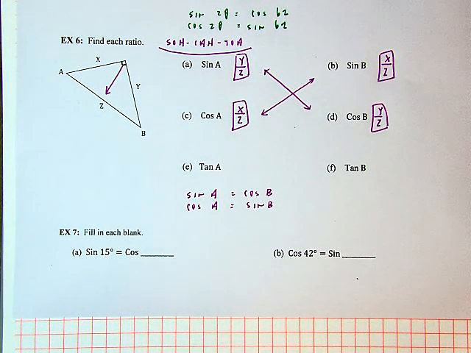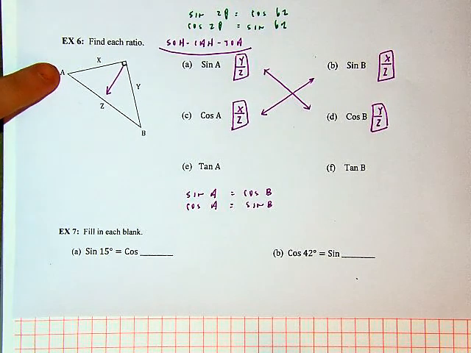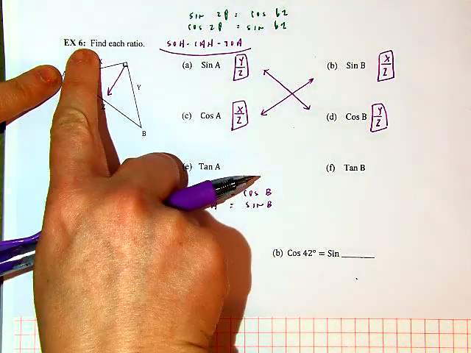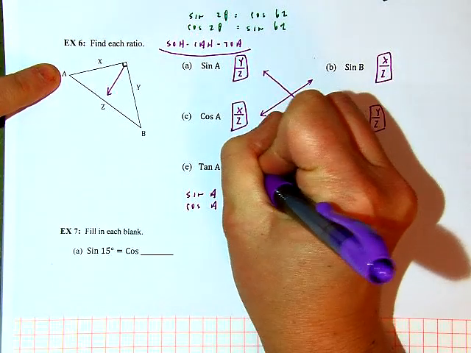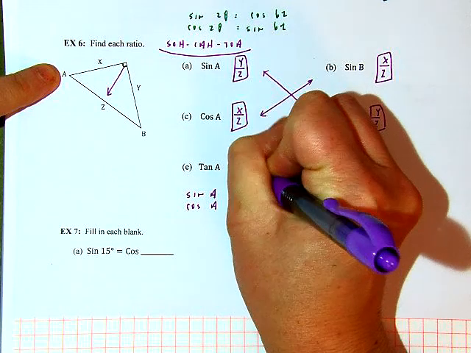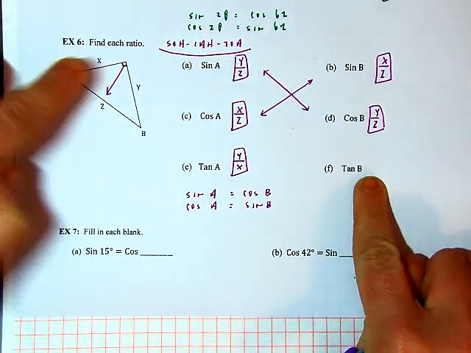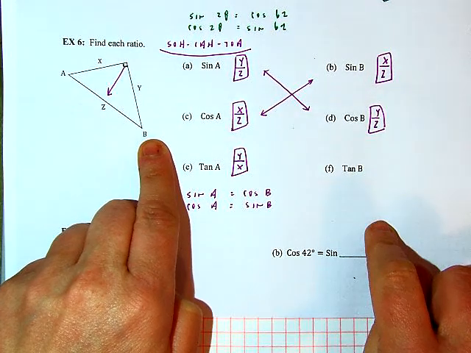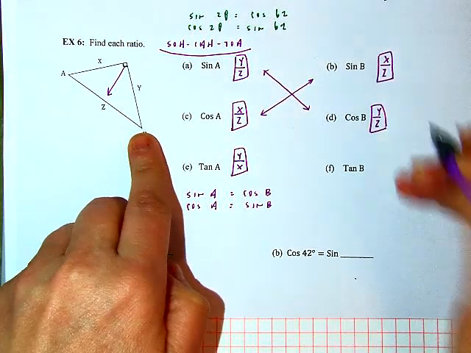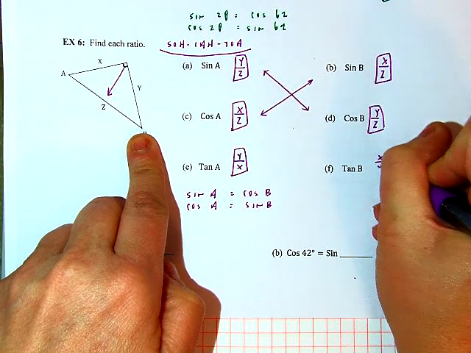Together they add to 90 degrees. So now how about tangent? Here is A. So opposite, adjacent, so y to x. And if I go tan B, so over here, opposite, adjacent, it's just the reciprocal, x to y.